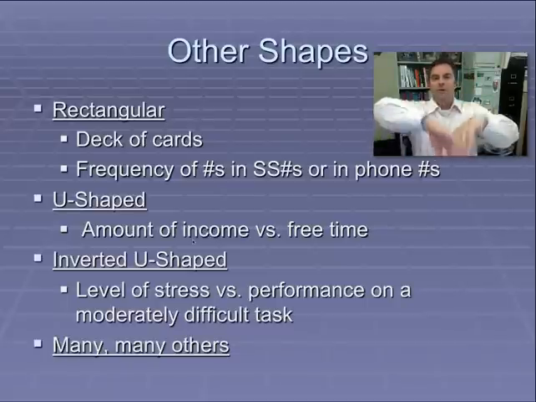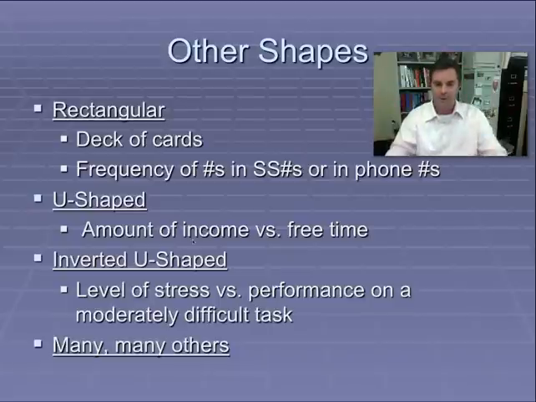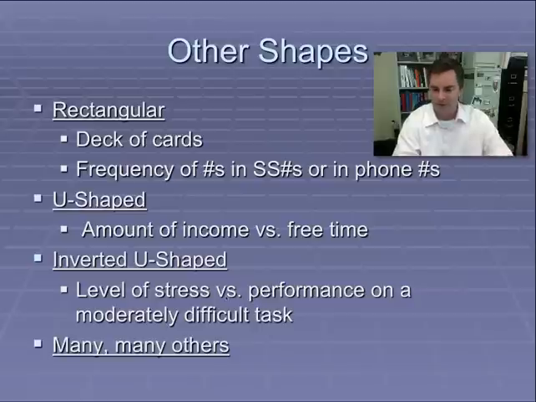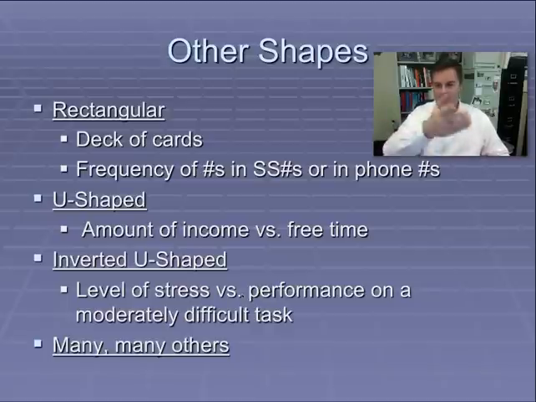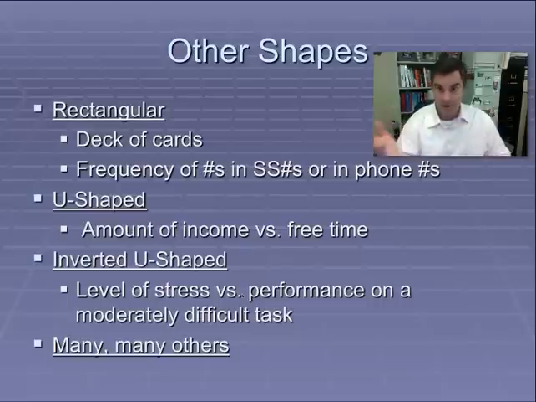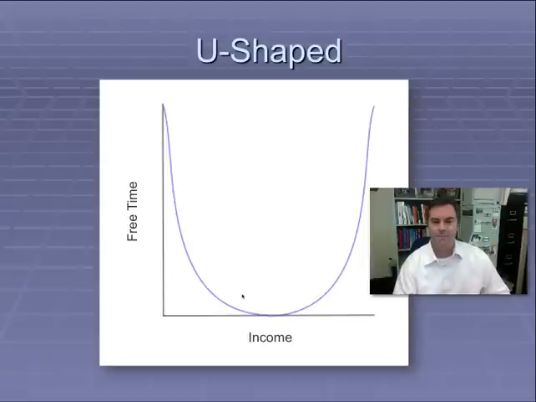So a true U shape, or an upside down or inverted U shape. I'll show you a couple examples of that in a second. And that's where I'm going to stop giving examples. There's an infinite number of other shapes. They can be all kinds of crazy shapes. So let me give you those examples here.